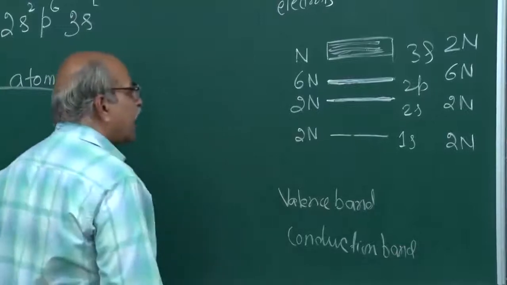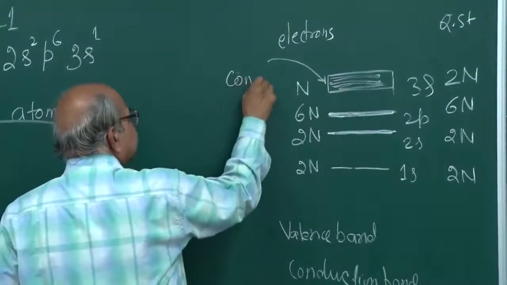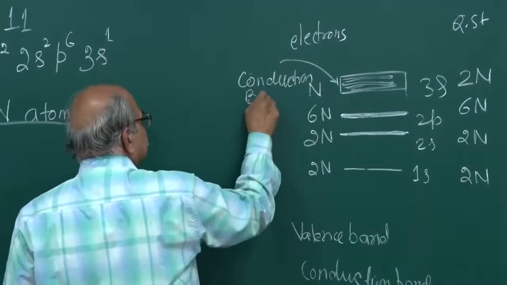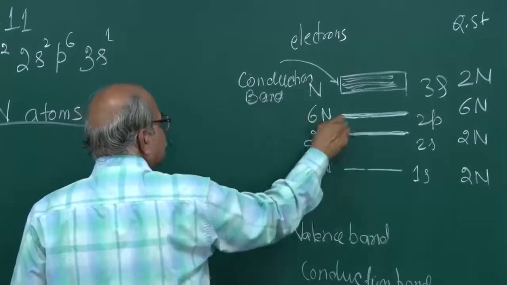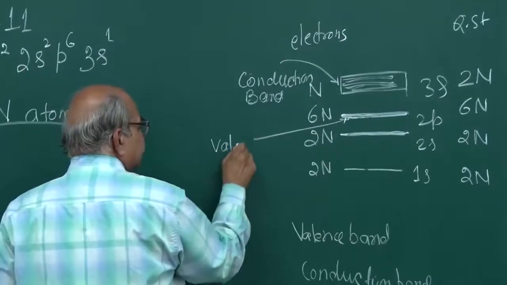In this particular diagram, this band I will be calling the conduction band, and this one I will be calling the valence band.